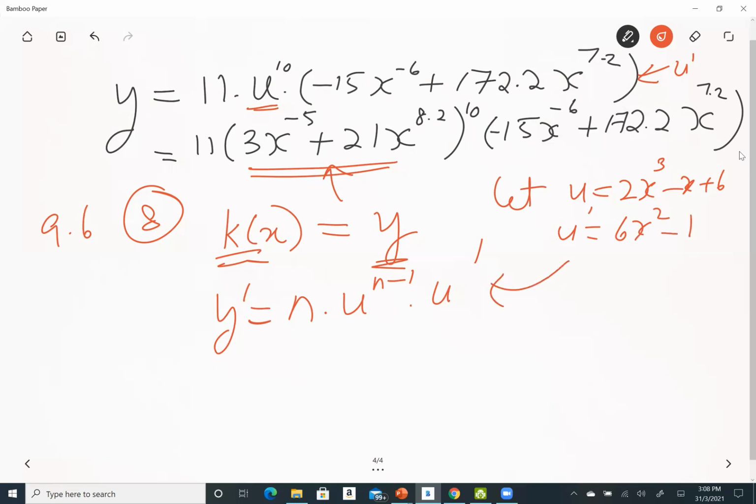Now you put into the formula. Now the constant just follows the derivative. So y prime is equal to 5/7. You just write 5/7 over there, and then you do the derivative.